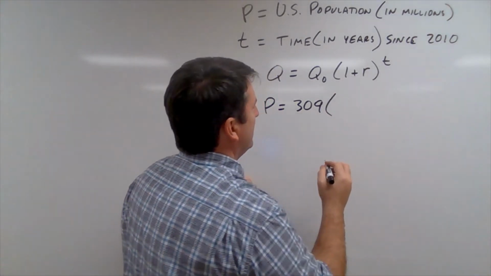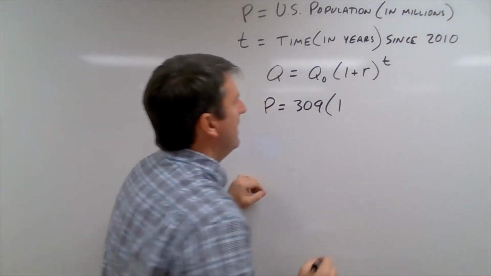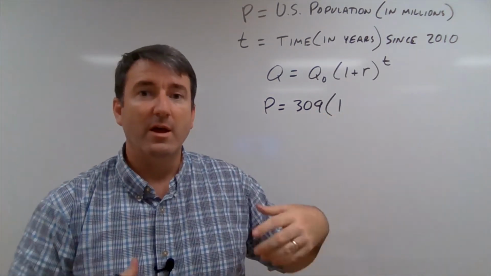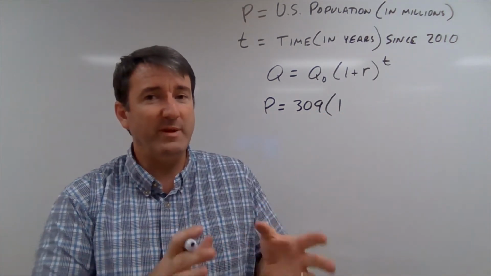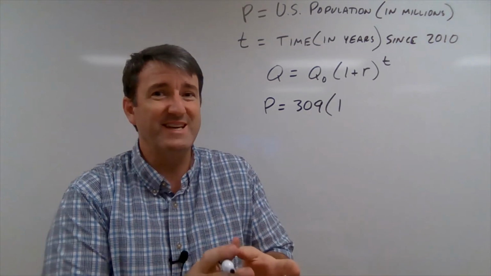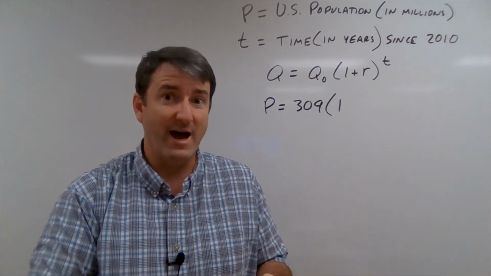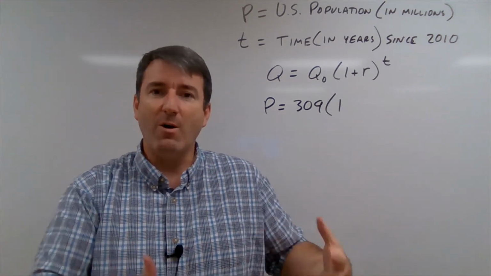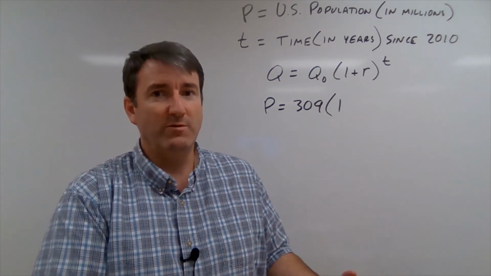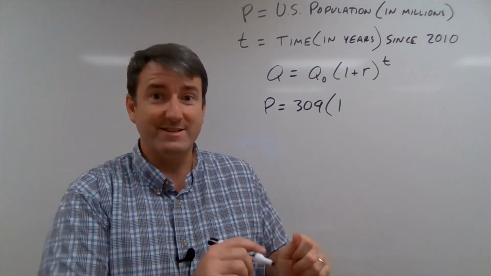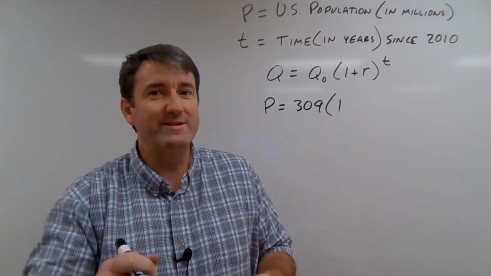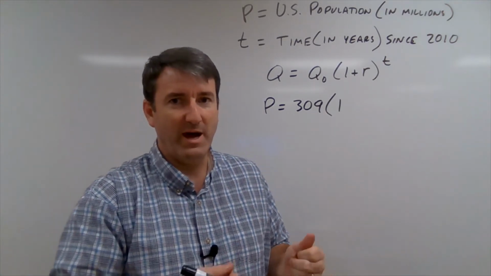And we're going to multiply that now by 1 plus our growth rate. Now, we need to be careful here because a lot of people see a growth rate like this, 0.9%, and think, oh, that's already in decimal form. But be careful, it's still a percentage. We still need to divide this by 100.